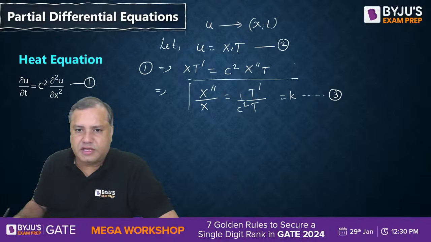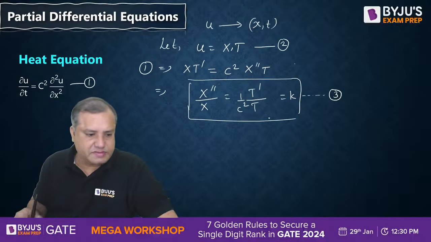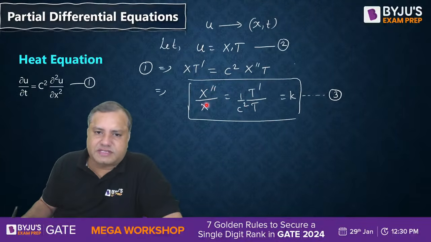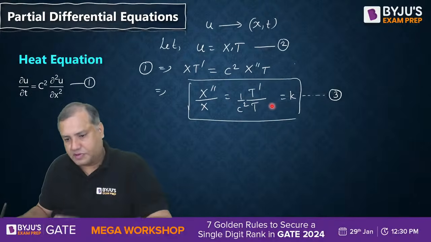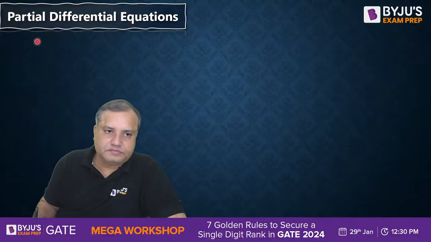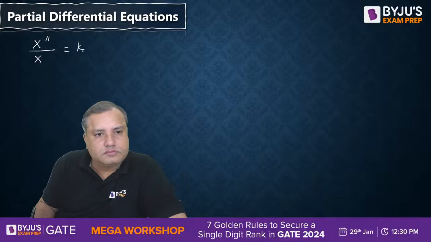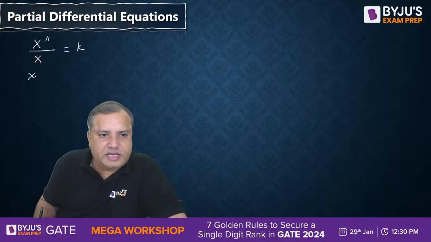This is the equation after separation of variables. After separation of variables, we got this one. Now consider x dash upon x equal to k. Okay. Now see here, x double dash equal to kx.